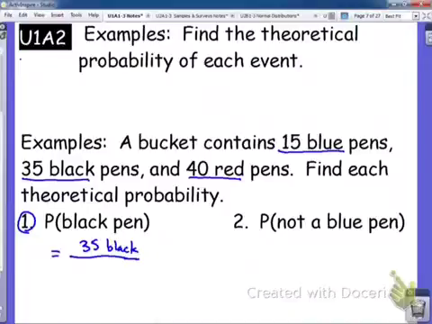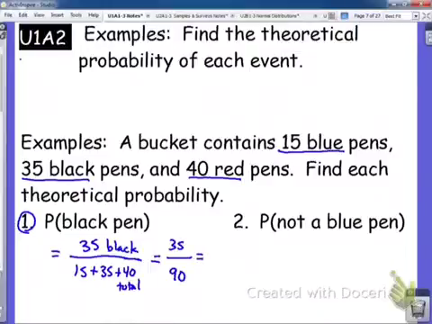And how many total outcomes are there? There's 15 blue plus 35 black plus 40 red pens. So, that denominator, 15 plus 35 plus 40, is equal to 90. So 35 out of 90 is our probability.